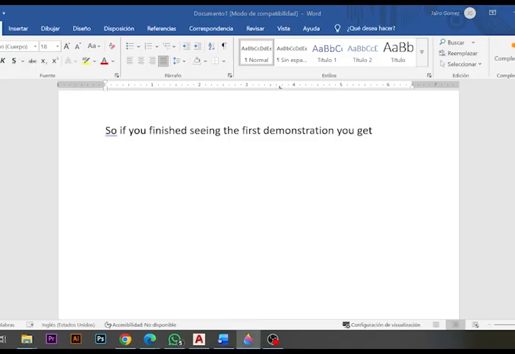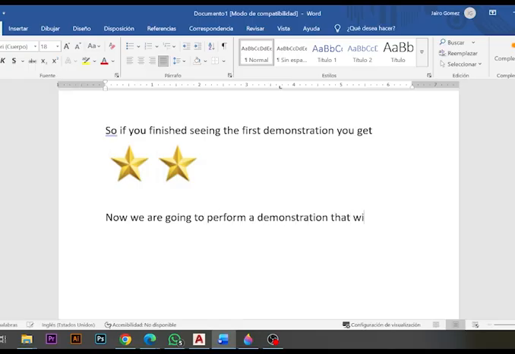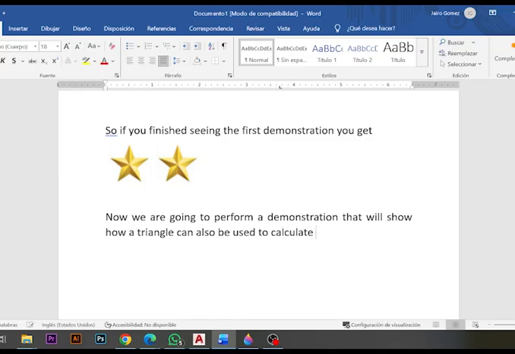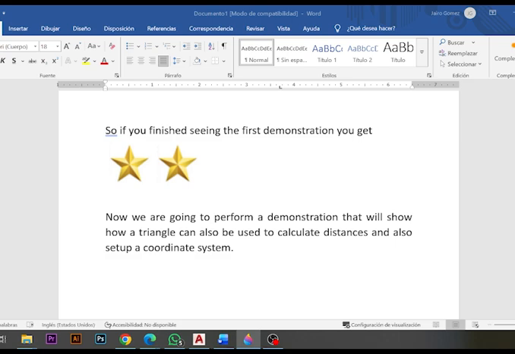So now we're going to perform a demonstration that will show how a triangle can also be used to calculate distances and also set up a coordinate system. So you might be asking yourself, how so? So we're going to demonstrate the following.